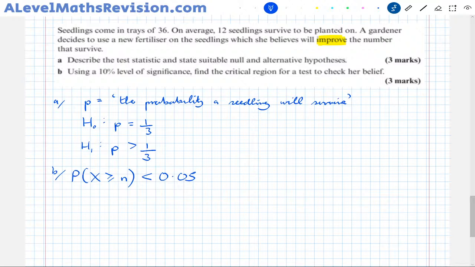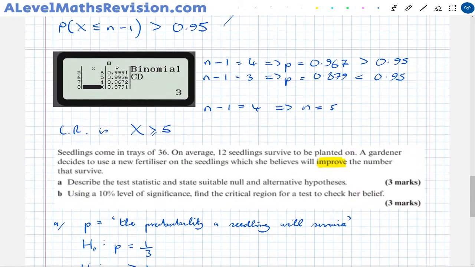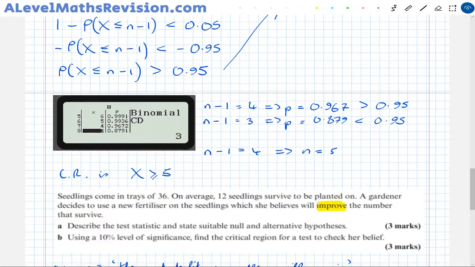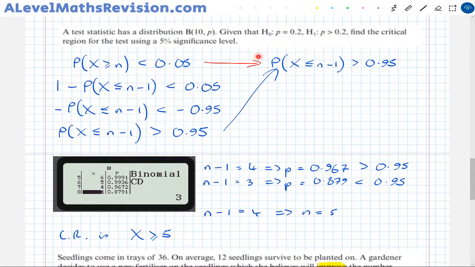Now we have to mess around with that a bit because our calculator doesn't do greater than or equal to, unless I'm assuming you've got the CG50, Laura. If you want to do some greater than or equal to probabilities in that, that's fine. If you come to the same conclusion, you can just prove that inequality there. The reason I'm doing it this way is because the standard calculator won't handle that.